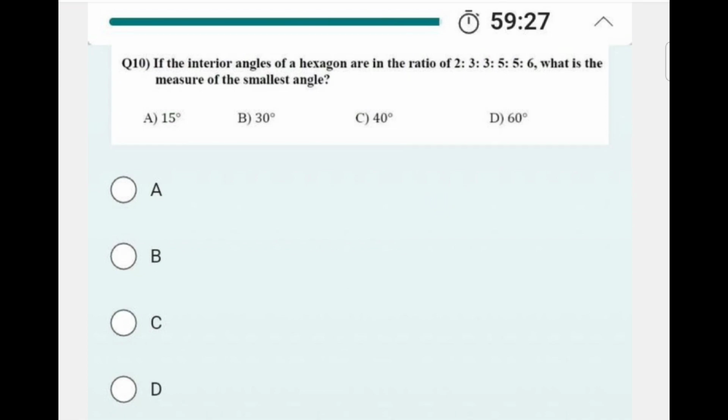So remember that if we have the following hexagon, we know that the sum of the interior angles is equal to 180 degrees multiplied by the number of sides minus 2.